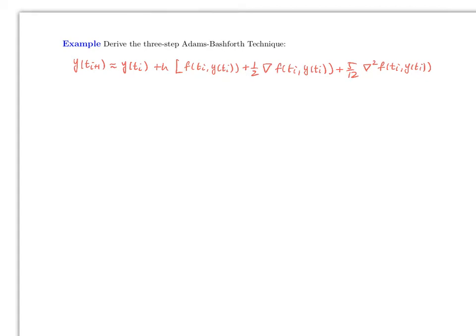And this technically keeps going, but here we want to derive the 3-step. So that means that m is equal to 3. So we don't have to go any further than this. And then we need a separate formula for the error.